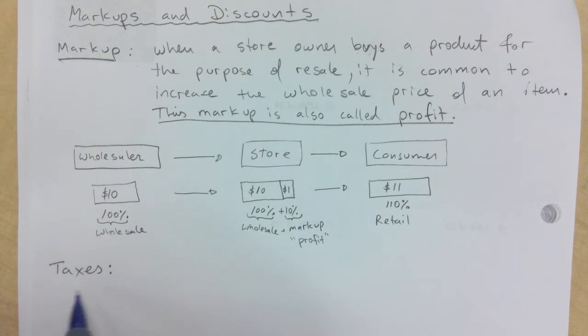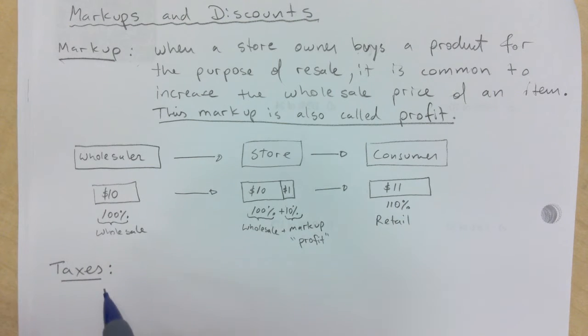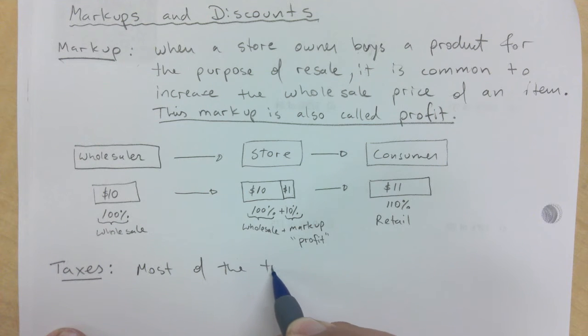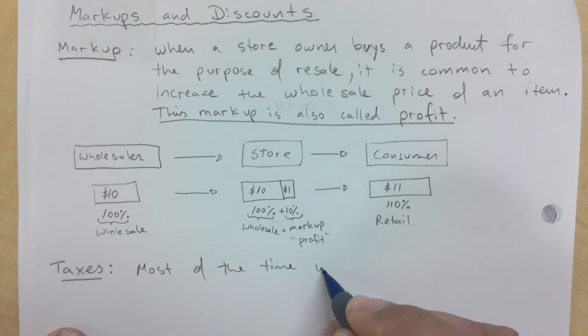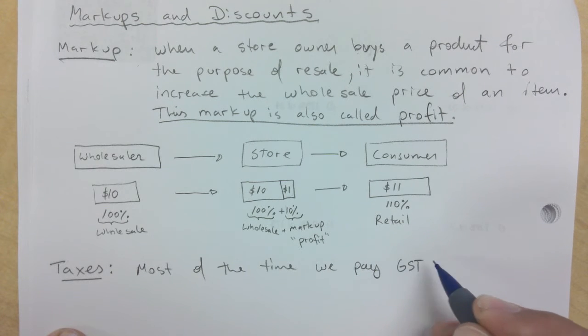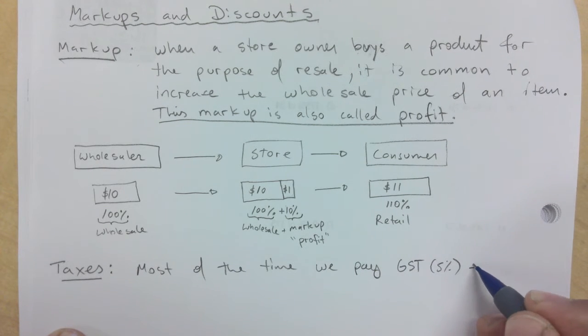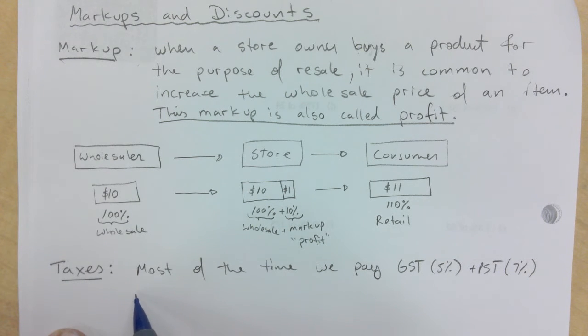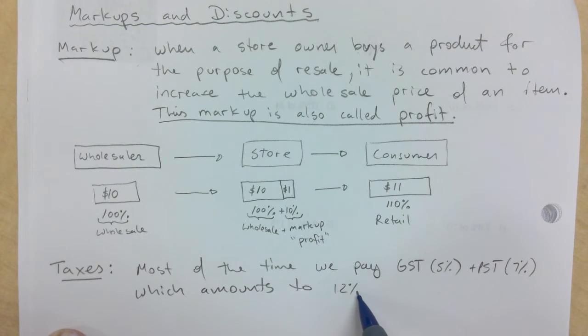Taxes. That's the next one I'm going to talk about here. Most of the time, we pay GST, which is 5%, plus PST, provincial sales tax, 7%, which amounts to 12%.